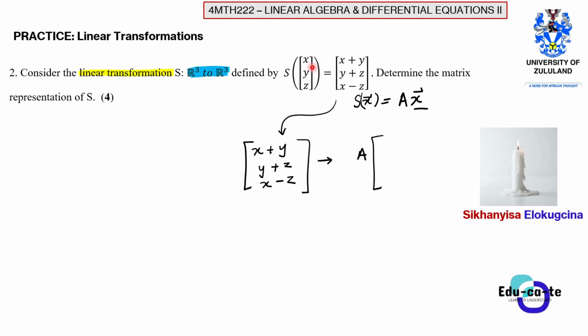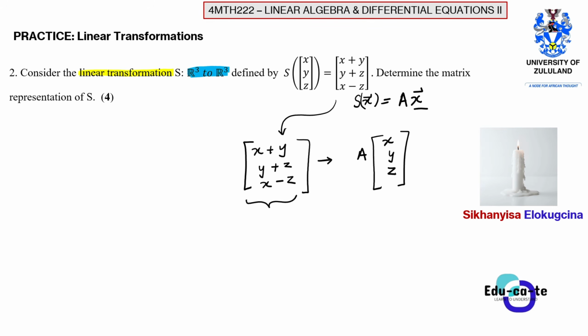Don't lose sight of that. It is x, y, z, an R3 column vector having 3 real numbers. So we are trying to express this transformation as a matrix A times the vector x, y, z. That's what we are trying to do.